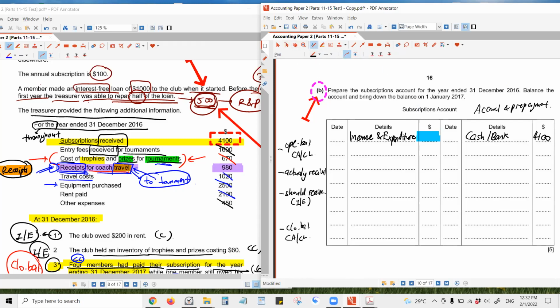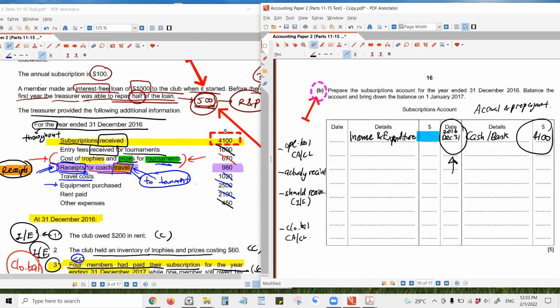Here you write, okay, let's write the date. The date, write the year end. Okay, why do I choose the year end? As I said, all the members pay on different days. And the question gives you the total amount that you have received during the year, 4100. So what date should you write?